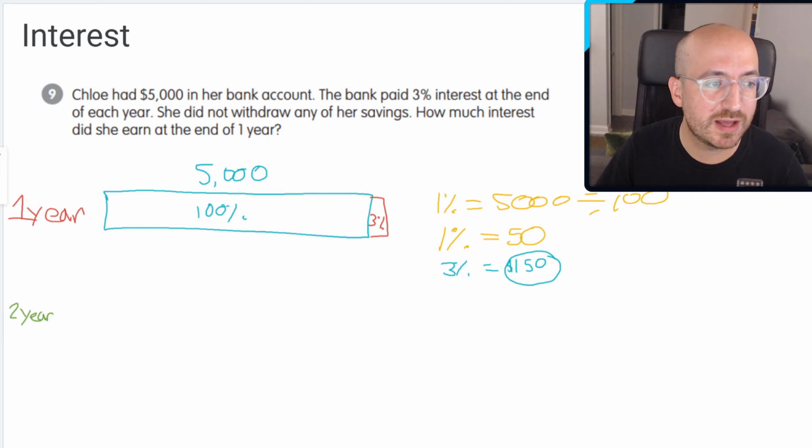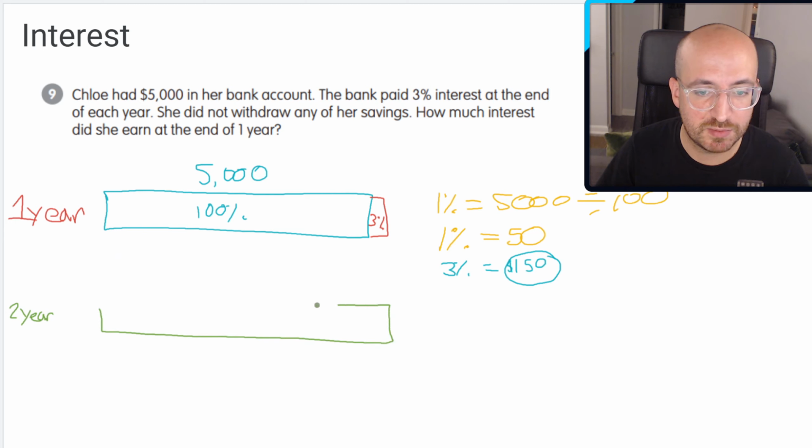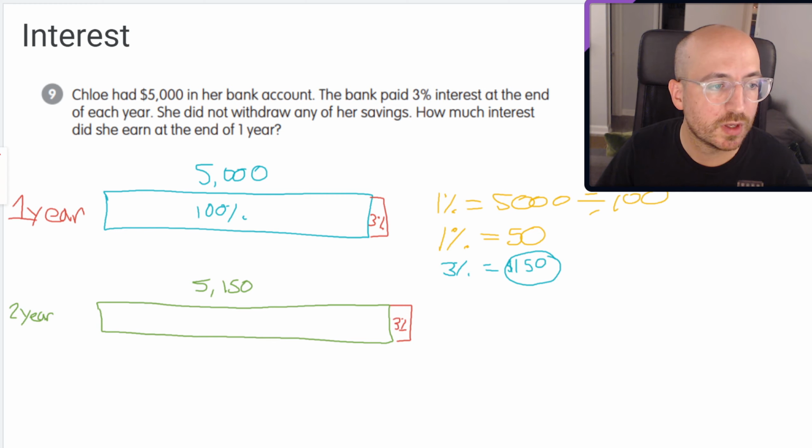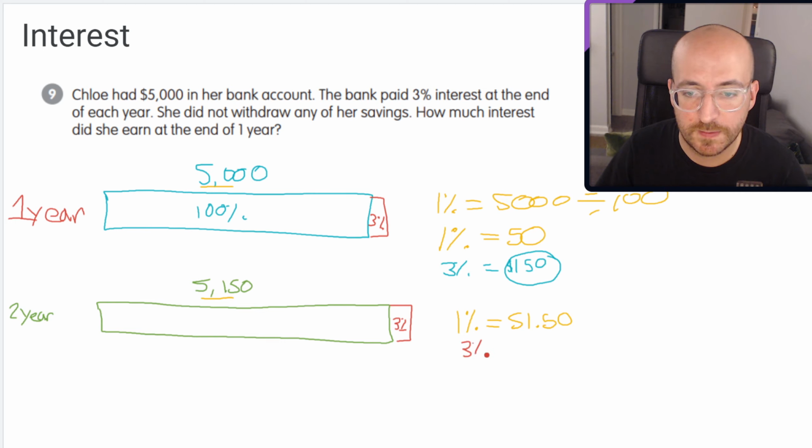Well, what would her money be at the start of the year? It wouldn't be just $5,000. It would be plus that interest, 5,150, and then she's going to make an extra 3%. So a little bit more. 1% of that would not just be 50, it would be $51.50. 3% interest, we would triple that.